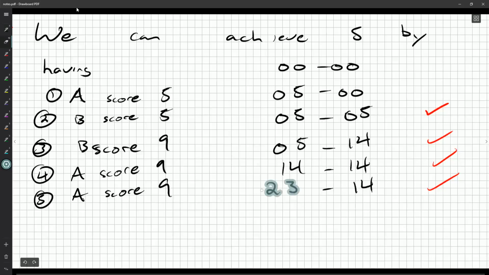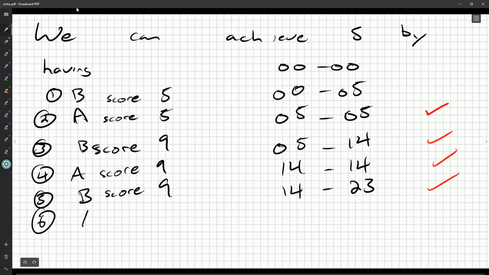Actually, we could instead keep it a little symmetric and have B do some scoring. And I think stylistically I'm going to switch it to A and B up here as well. But that's just my personal preference. So B scores 9, that's 23, and there's a 14.